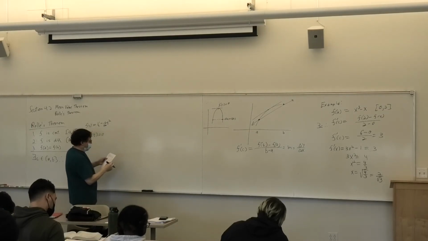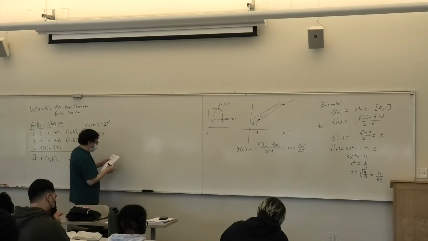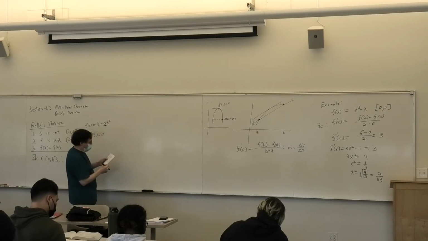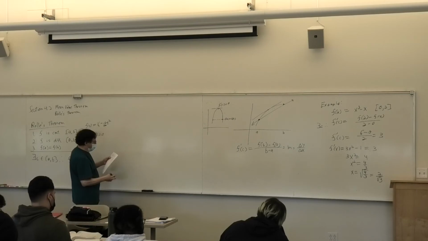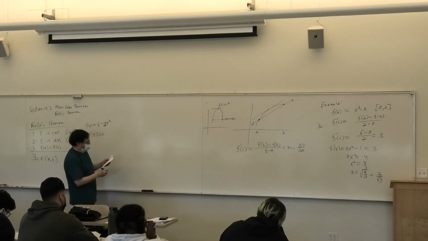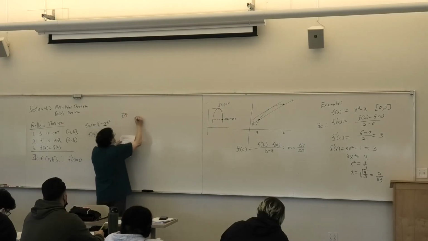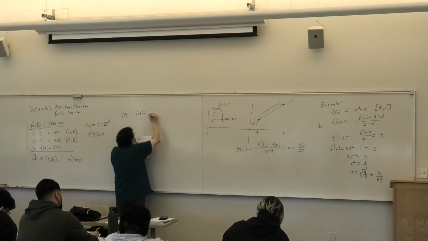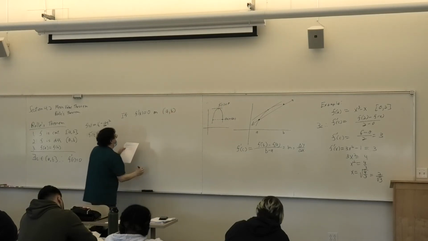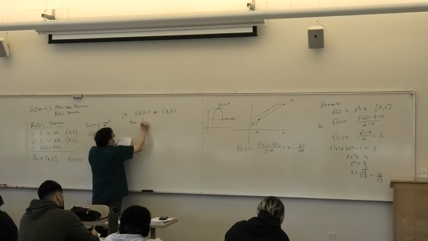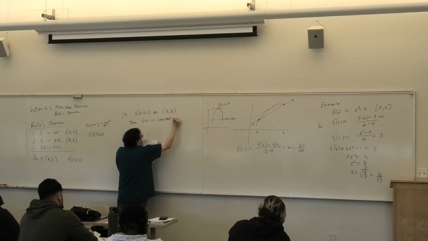I want to prove that if f prime of x is equal to 0 on some interval a, b, then f is constant on a, b.